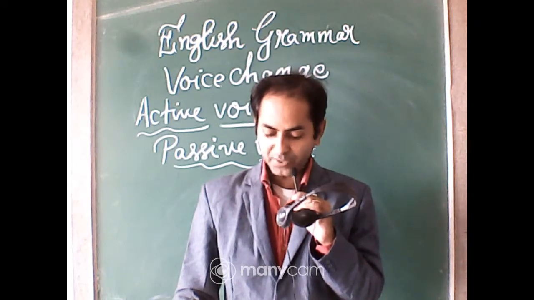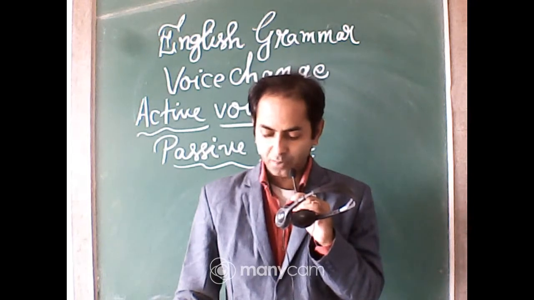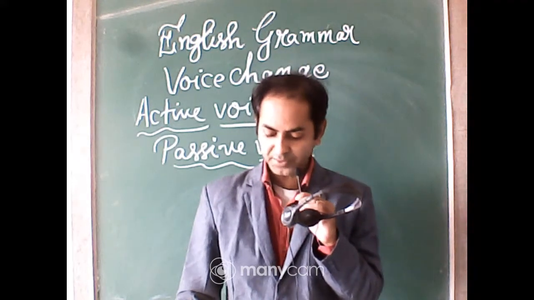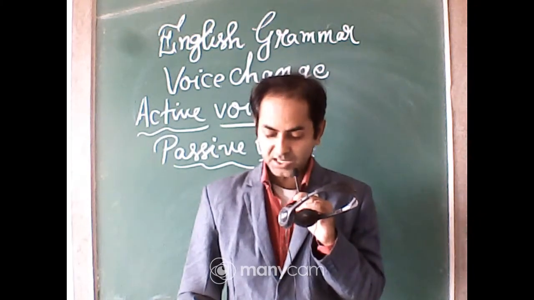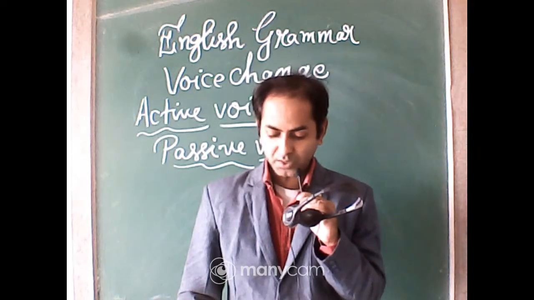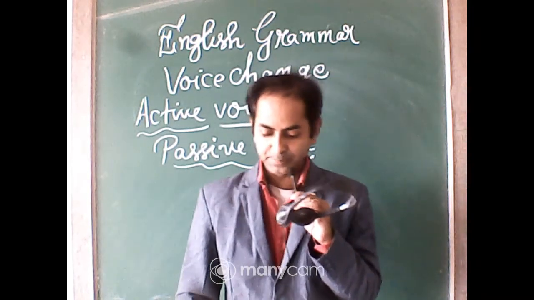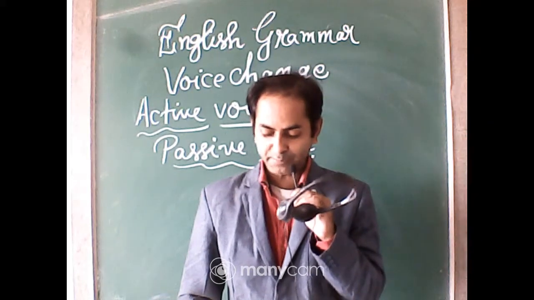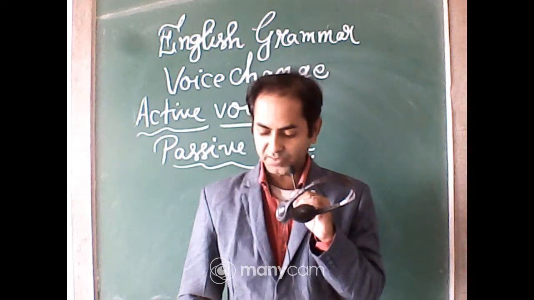Similarly, a few examples of the verb write in different tense forms are given here, active voice and passive voice. Write, simple present, is written, simple present. Am writing, present continuous, is being written, present continuous. Wrote, simple past, was written, simple past. Was writing, past continuous, was being written, past continuous tense.